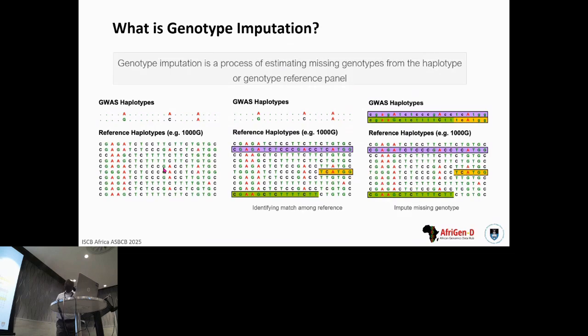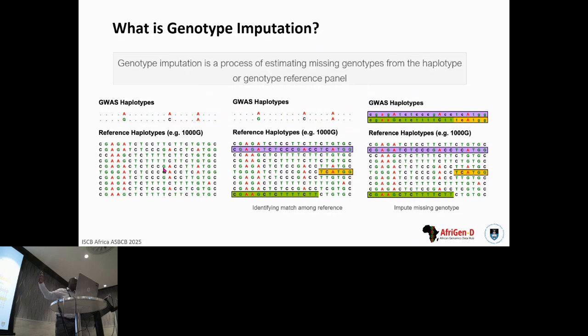Just first to start, I think the first question will be, what is genotype imputation? It's a computational technique used in genetic studies to try to infer missing genotypes. When you're doing your genetic studies, mostly you use chip or genotyping arrays, and when using that, you'll have regions of your genomes that will not have any genotypes.